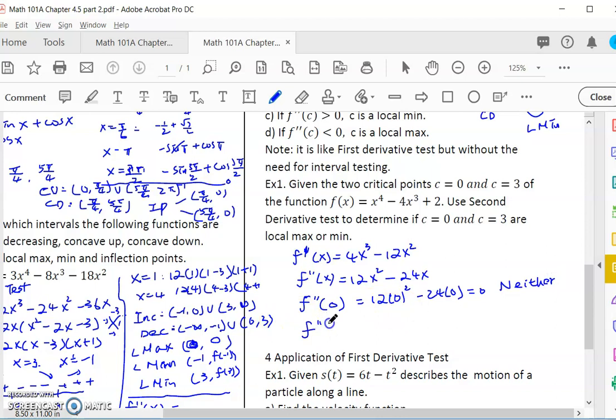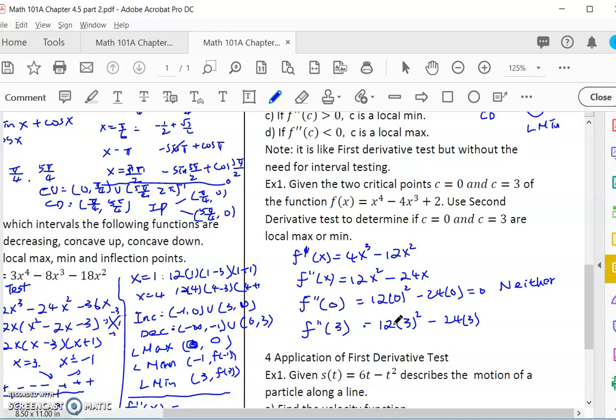But what about f double prime of 3? If I put in 12 times 3 squared minus 24 times 3, so this would be 9 times 12 minus 24 times 3.